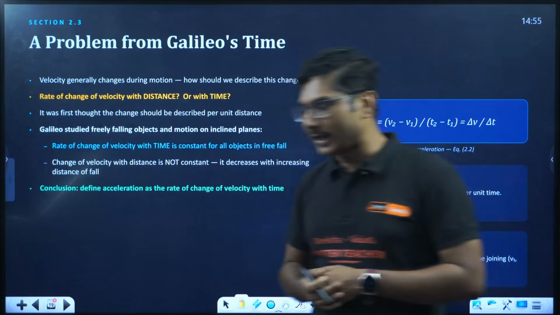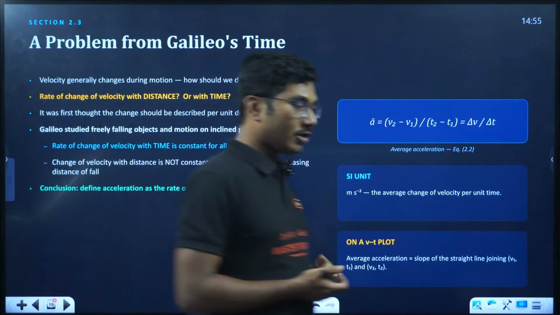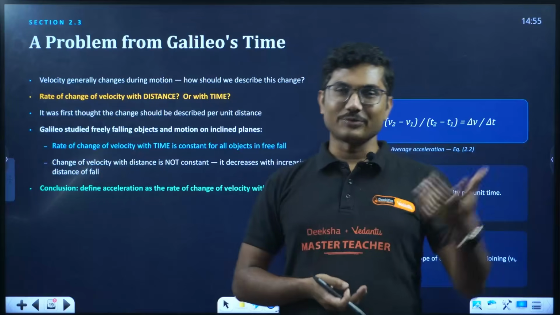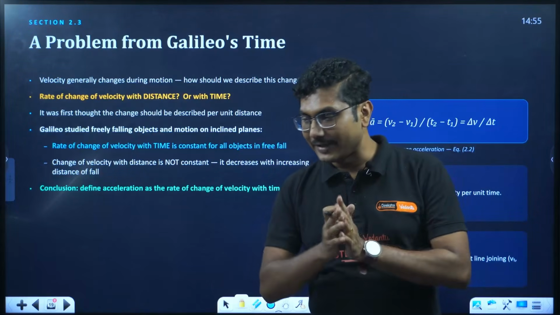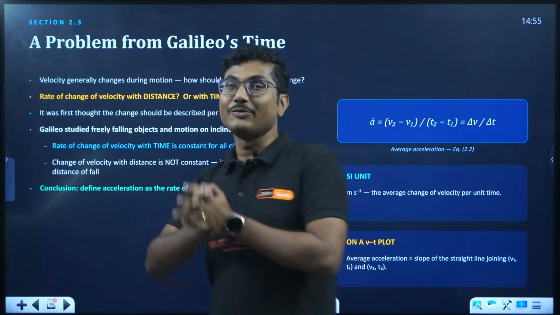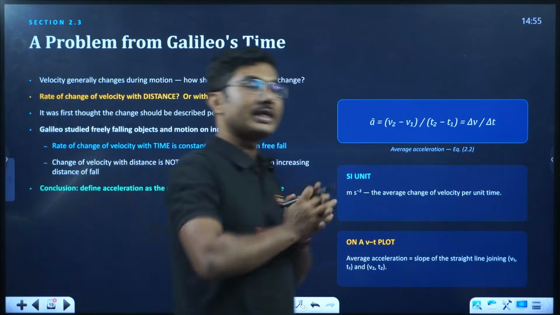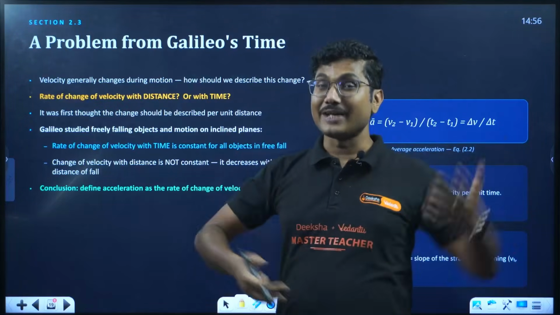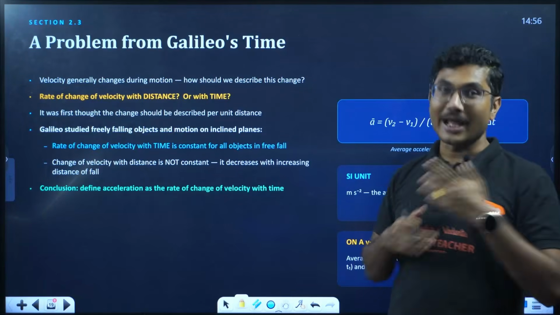He also proved that all freely falling objects fall with the same acceleration. So around the 1600s, when Galileo Galilei was still alive, the rate of change of velocity with respect to time came into the picture.